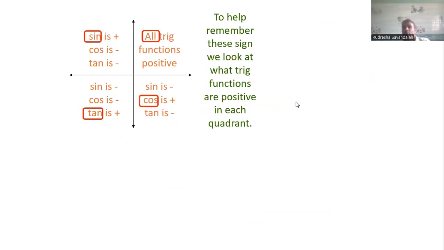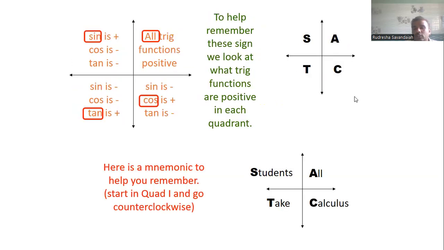To help remember those signs, we look at which trigonometric functions are positive in each quadrant. In the first quadrant, all trigonometric functions are positive: sine, tan, and cos.